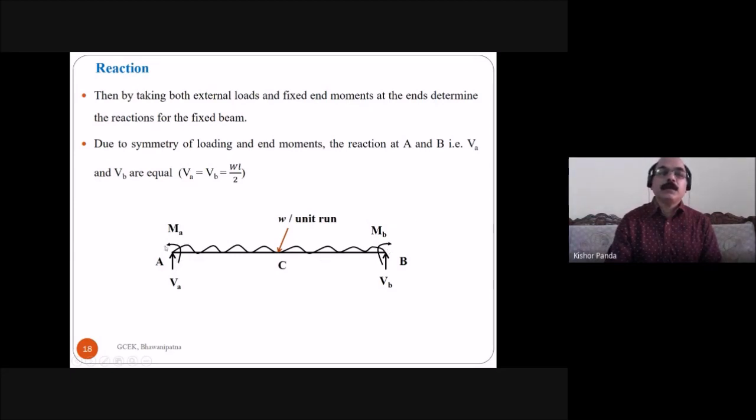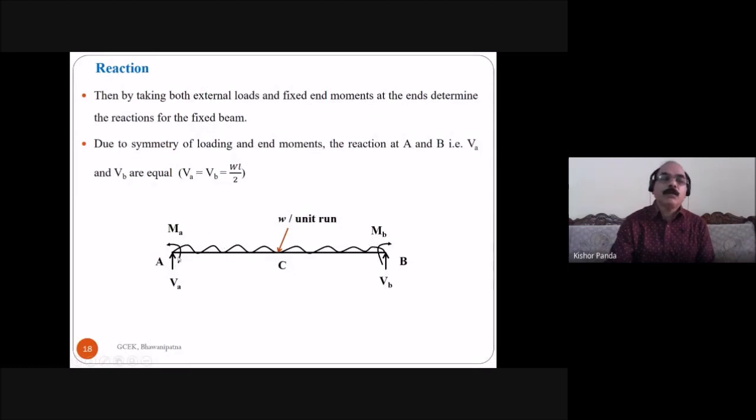This is the direction of the moment. Since the load is symmetrical and the moments are equal, both cancel.